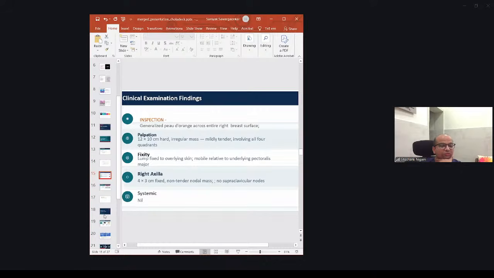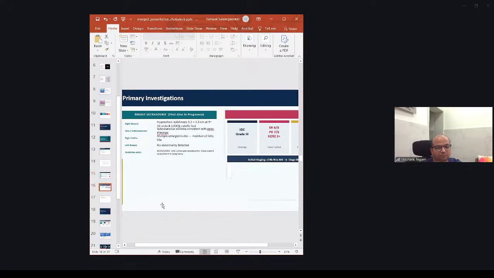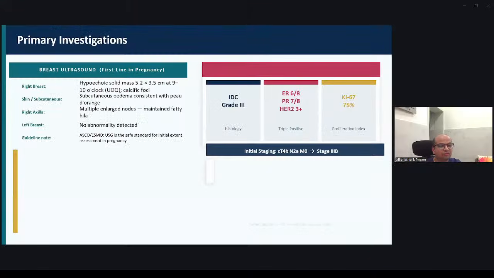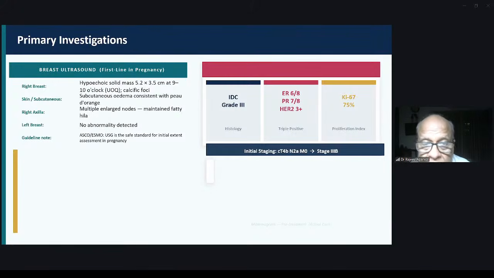Can you move on to the USG findings once again? The next slide, please. Multiple enlarged nodes, but with maintained fatty hilum. That's clearly a non-concordant ultrasound result, but probably this was done before the patient came to them. Yes, I agree.